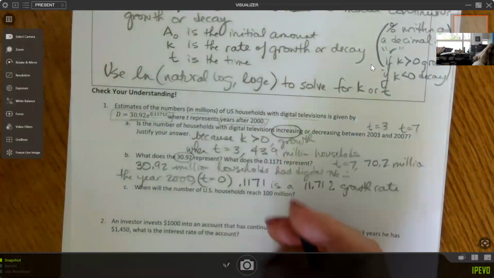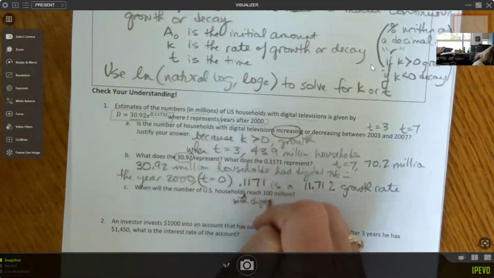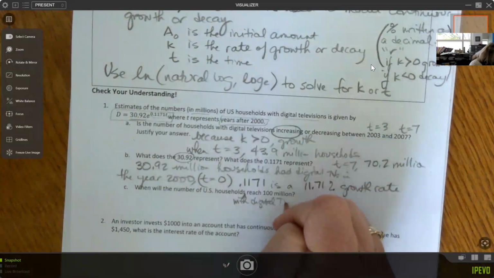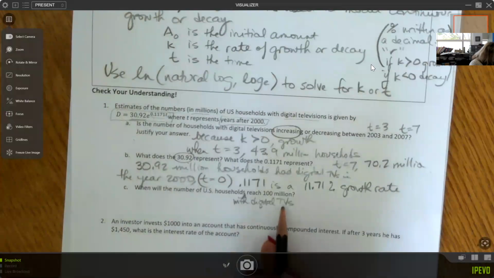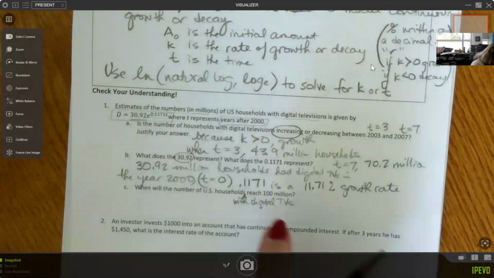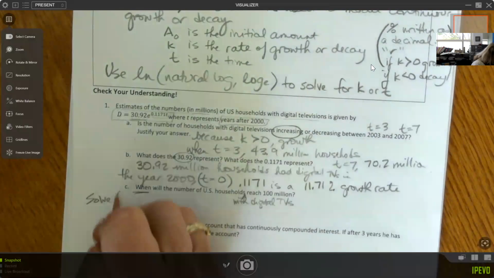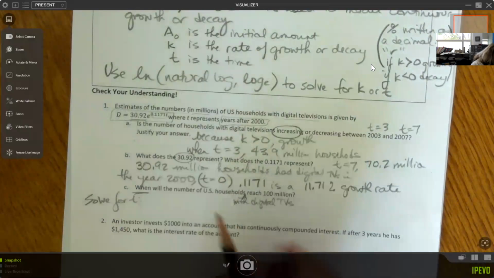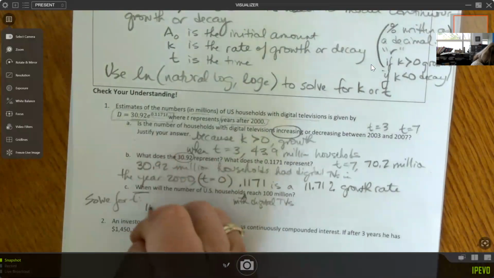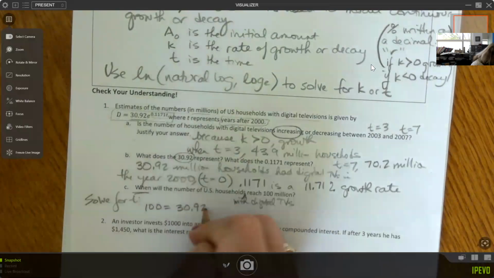Okay, with digital TVs, because that's what we're talking about here. So the way I'm going to do that is I'm solving for the T, right? So it's a solve for T, and my setup is 100 equals 30.92 e to the 0.1171t.